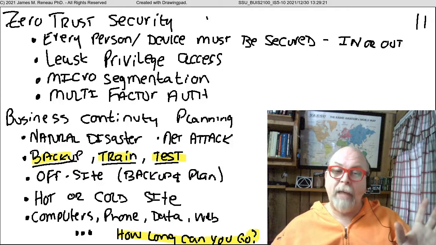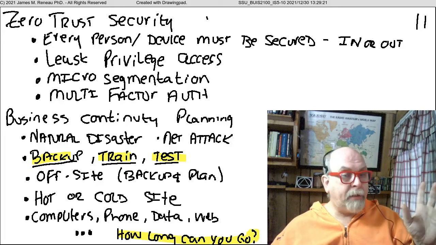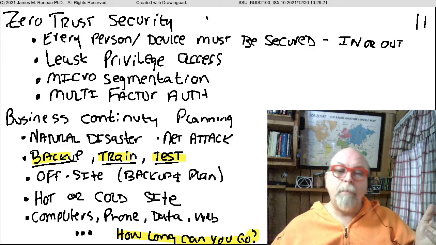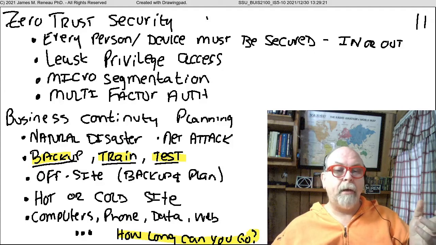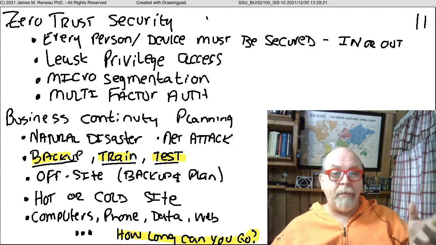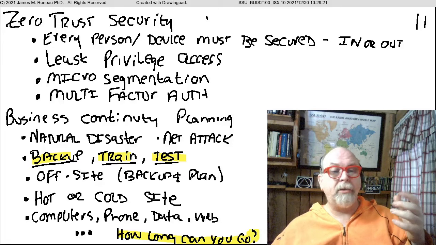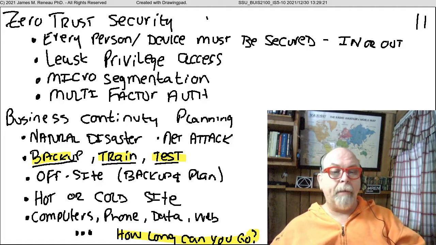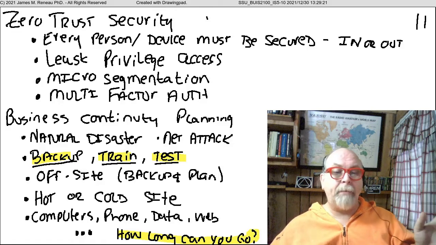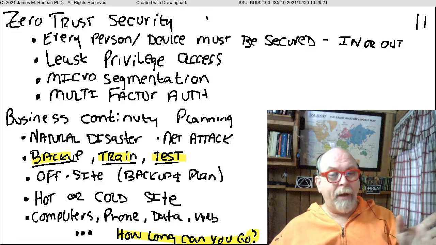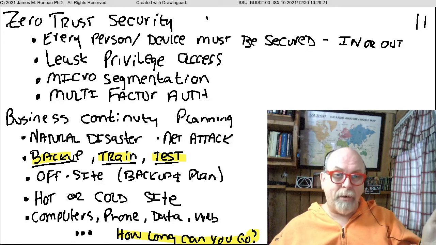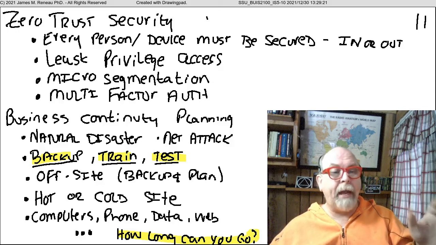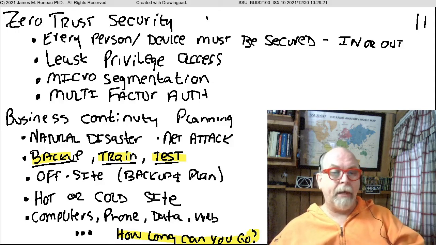And off-site, at another site somewhere, most companies now are doing this with a cloud provider, encrypting the data, encrypting the backups, and putting them on a cloud server. But also, in addition to having your backups out there, have your plan for how you're going to do it. Because if your plan was in the network that just went down, well, then you don't have a plan, do you? So be sure that your plans are off-site as well.